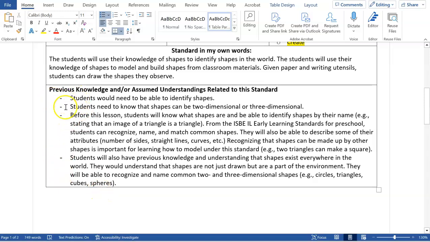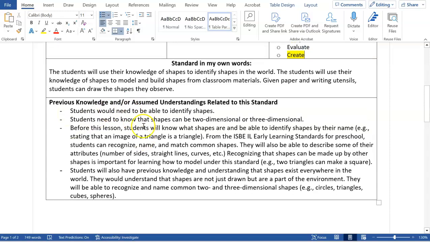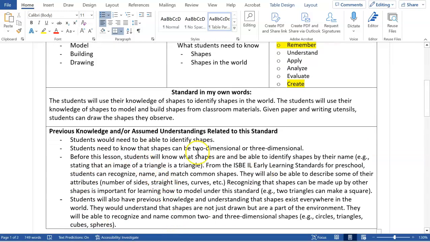We spent quite a bit of time last week talking about the prior knowledge or understanding that students would have probably related to the standard. So here you're going to write things that students would probably already know or hopefully know before you ever begin this lesson. Remember, like we talked about in class last week, this is much easier to do when you're doing this for an actual group of students, because you have some firsthand knowledge of what they're capable of and what they're not, right?